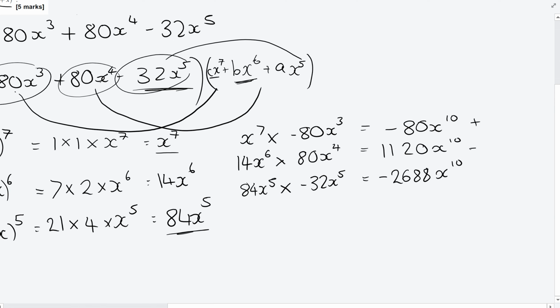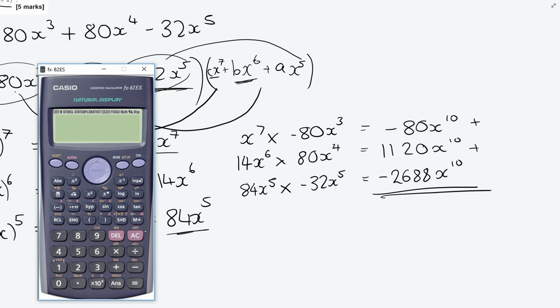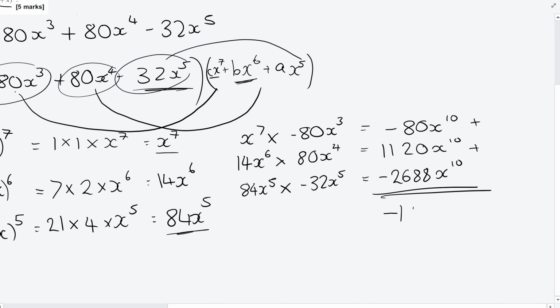Now with a binomial expansion, they are then added together. So I'm going to add together my three terms, minus 80 plus 1120 minus 2688, which comes to minus 1648 x to the 10. And there is our x to the 10 coefficient for that double bracket expansion.